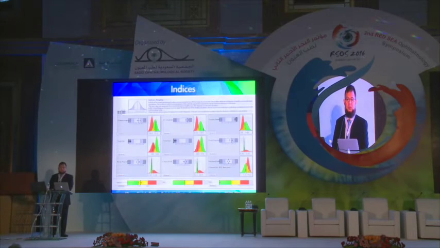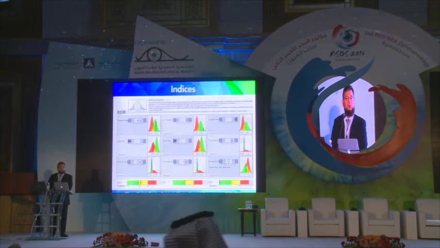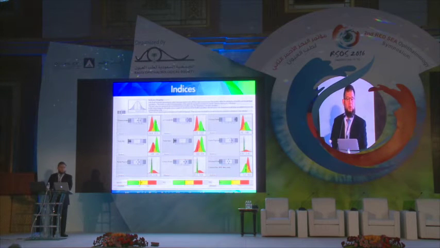Before I start, I would like to say that we can take an idea from the machines, from the indices they give, but we must not depend on the diagnosis they give, because they give an objective estimation of the cornea.